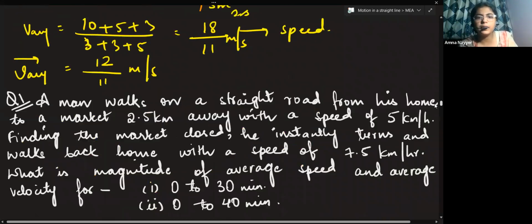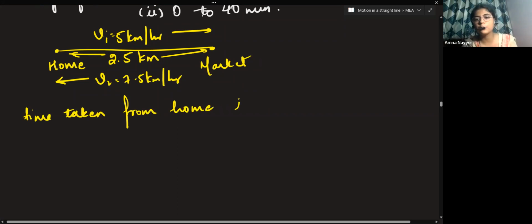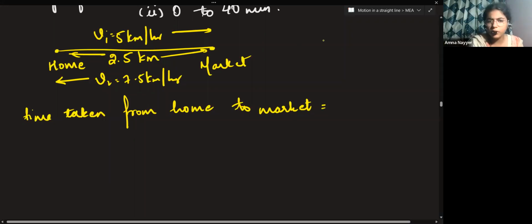So the time period will be, this is our question, the time taken from home to market. So Aram, can you tell me the formula for it? If this is the speed and this is the distance, what will be the formula of time?